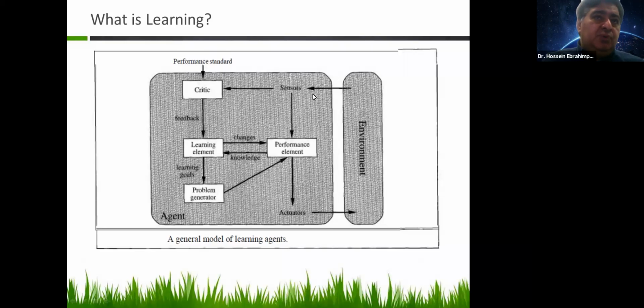We have some inputs that can get to the system by sensors, and we have some output that we can make in the environment by actuators.